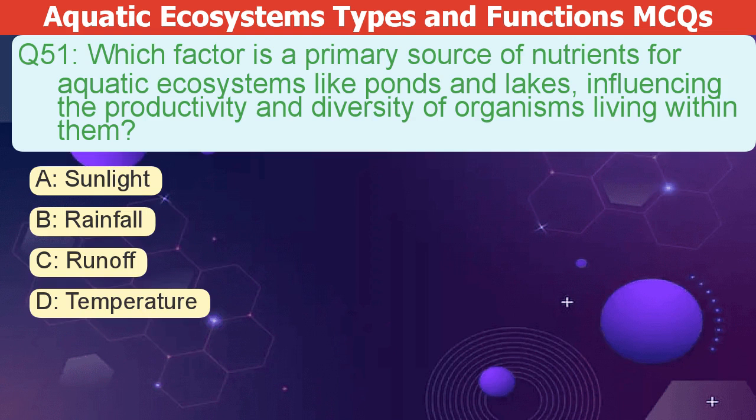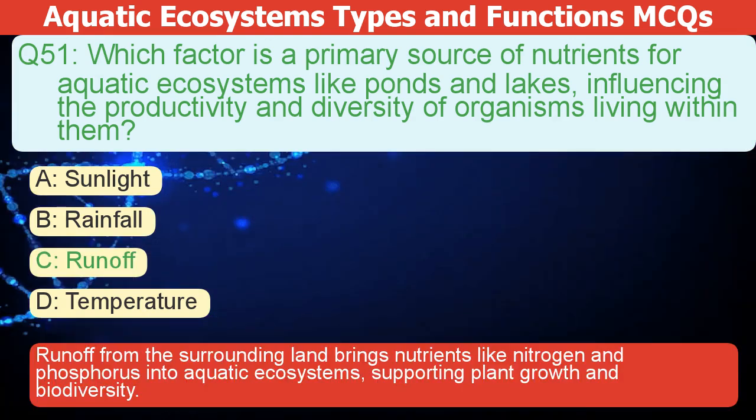D. Estuaries are larger in size compared to lagoons. The correct answer is C. Lagoons are typically small, shallow bodies of water separated from a larger water body by a barrier. Estuaries are semi-enclosed coastal bodies of water where freshwater meets saltwater, supporting diverse habitats.